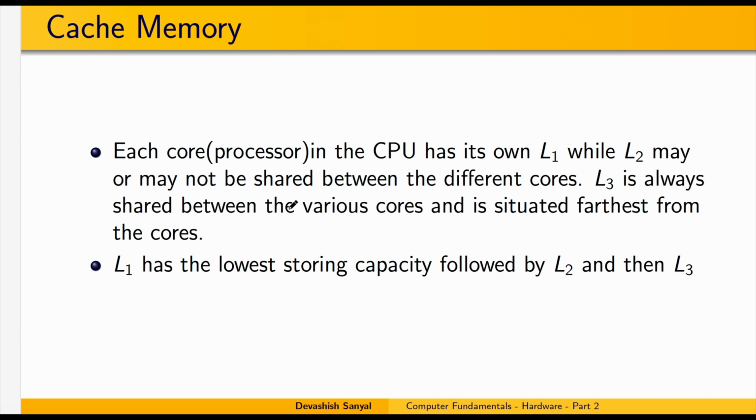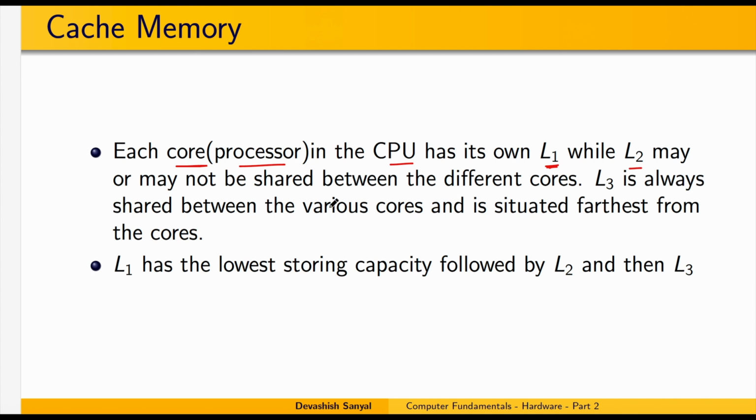So inside the CPU, what do you have? You have cores. A core means a processor, and you can have many in a CPU. So you can have 1, 2, 3, 4, 5, 6 like that. Each core in the CPU has its own L1 cache memory, level 1.